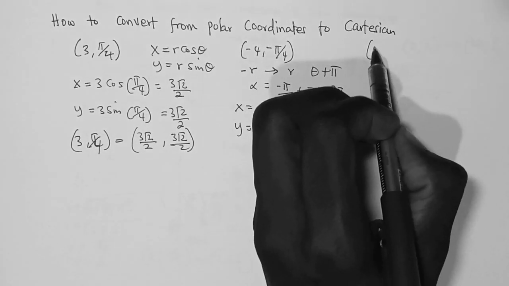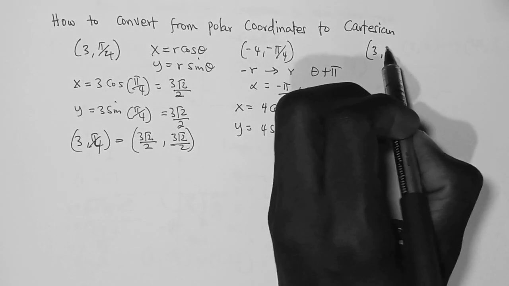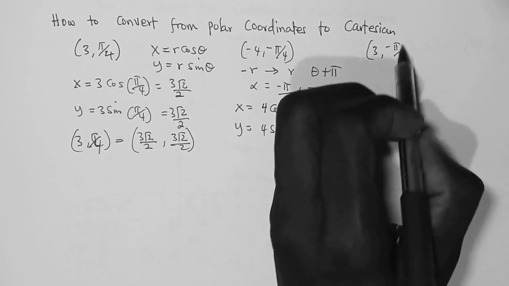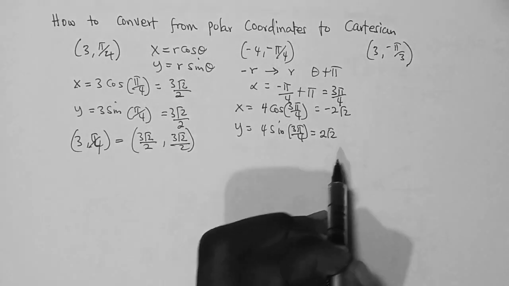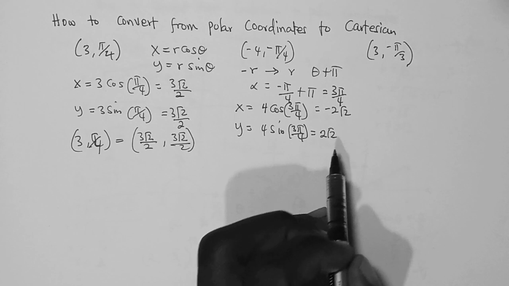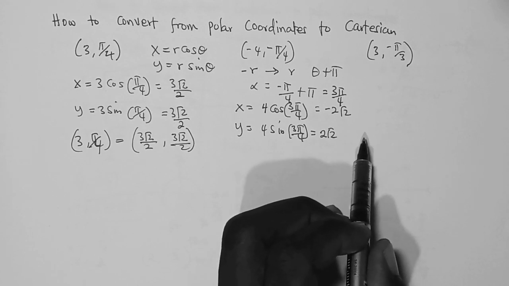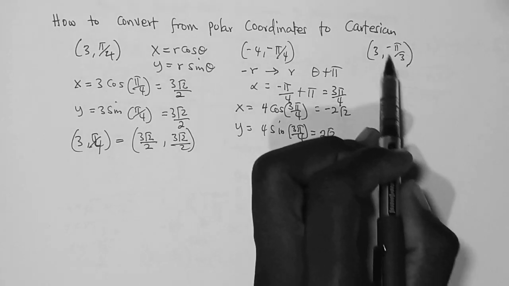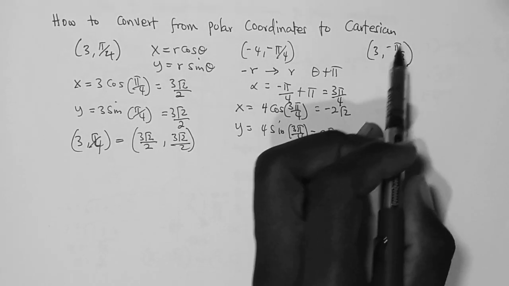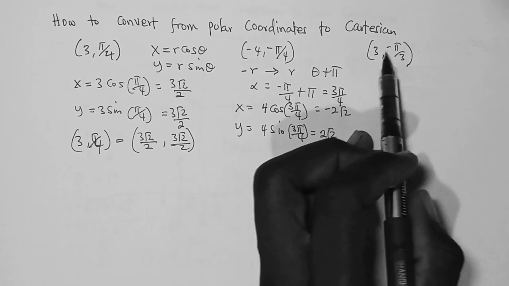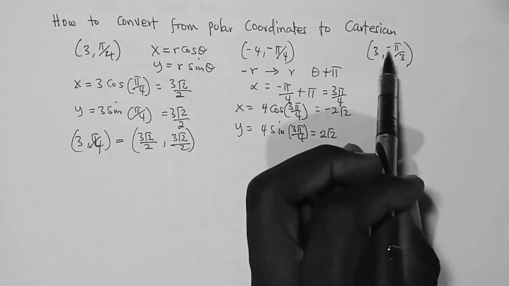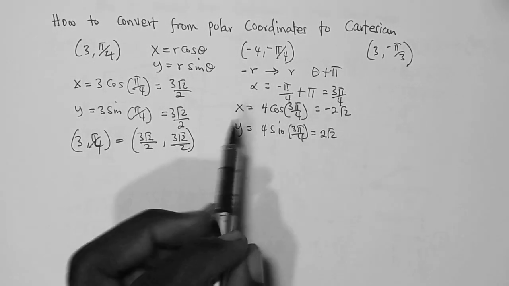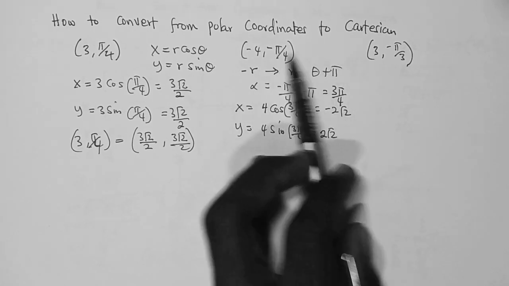What if the point that we're given was 3 and minus pi over 3? How will we convert this into Cartesian coordinates? So it's the same thing. Now, since here it is minus pi over 3, we can convert it to a positive angle by adding 2 pi, because theta is 2 pi periodic. Now, get the difference between these two.